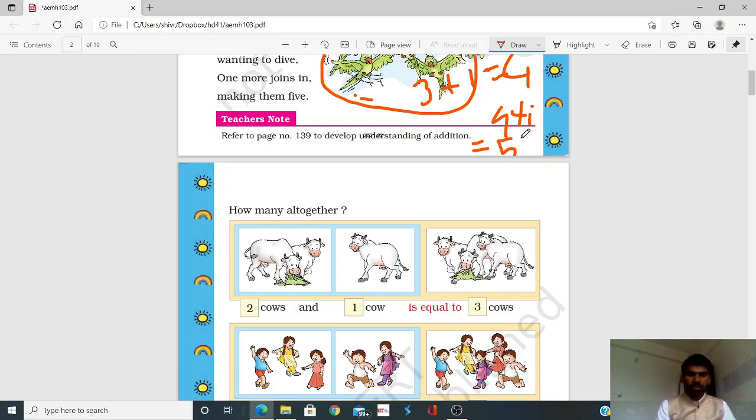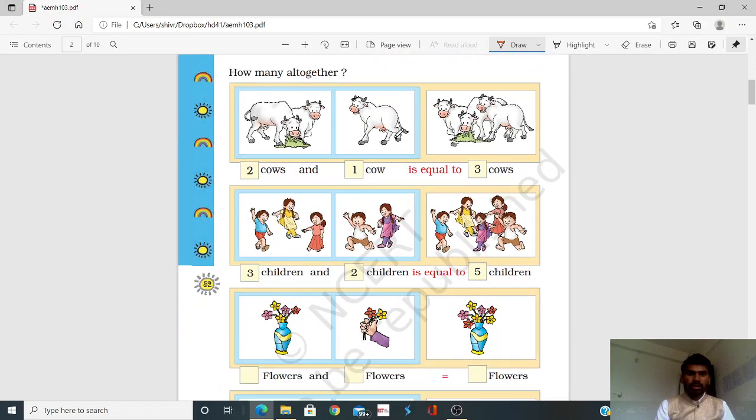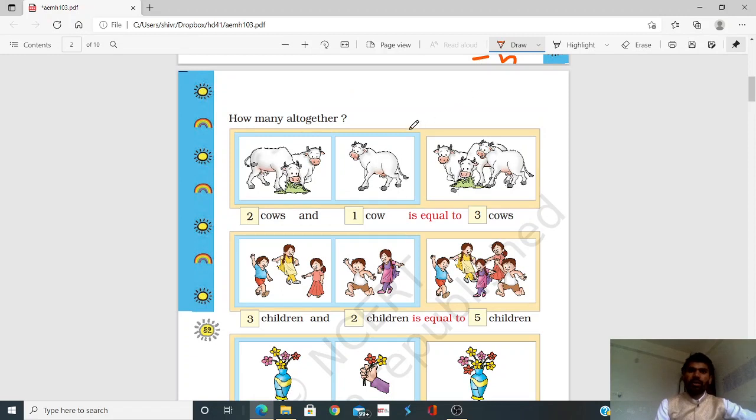Here you can see, how many altogether? In the first box, see how many cows there are. One and two, that means two cows are in this box, and one cow is in the second box. Our answer is three cows.